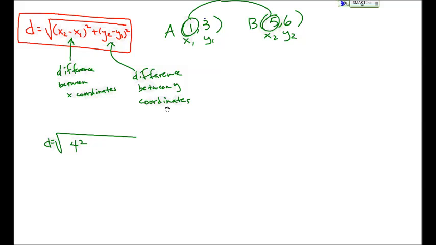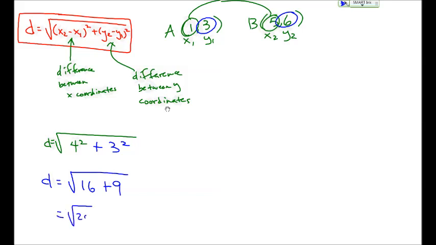The difference between 3 and 6 is 3, 3 squared. And so the distance between that is 16 plus 9, which is a square root of 25, which is 5. So the difference between these two coordinates is 5.